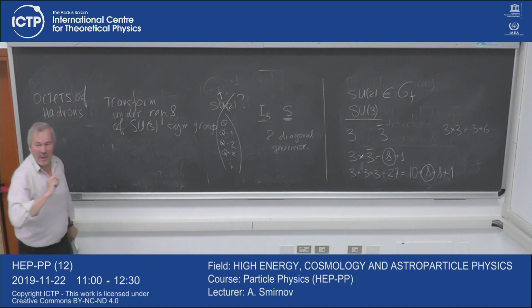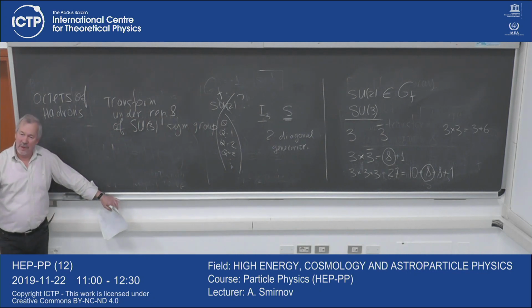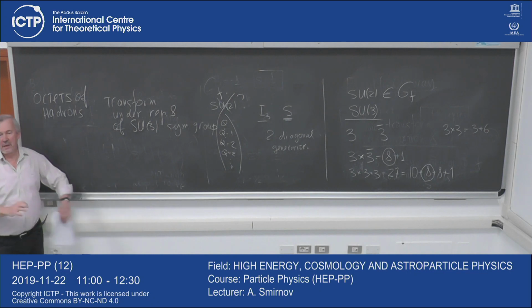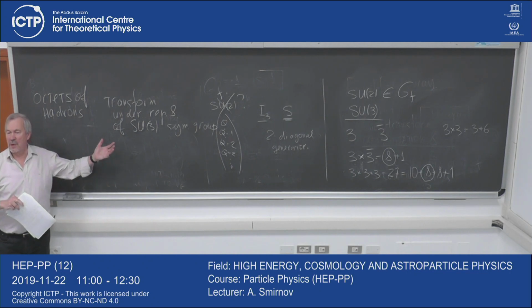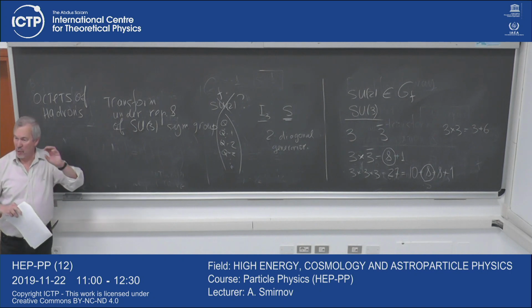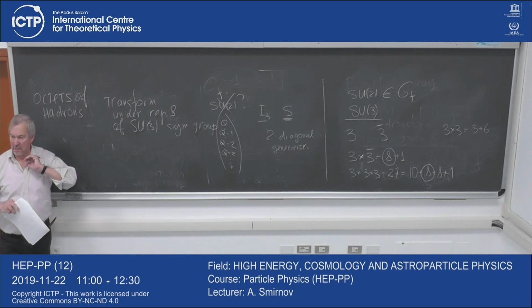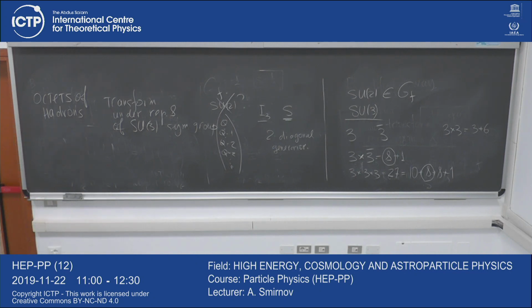Again, what is the meaning? This means that Hamiltonian of strong interactions is invariant under these transformations. This is one aspect, and another one, SU3 gives us classification of particles within the multiplets. The role of the group is twofold. It gives classification.